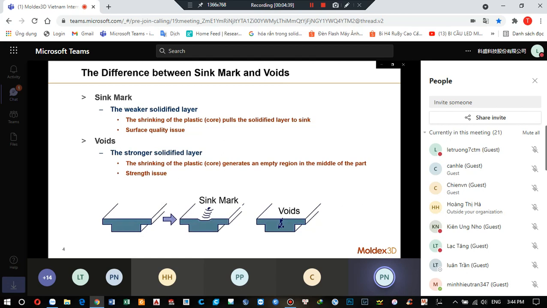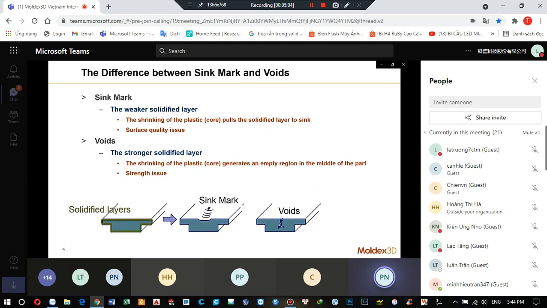In the picture below, we have a design with thickness variation. When we fill the cavity with the molten material and the cooling system keeps working, the melted material around the cavity surface will solidify first.